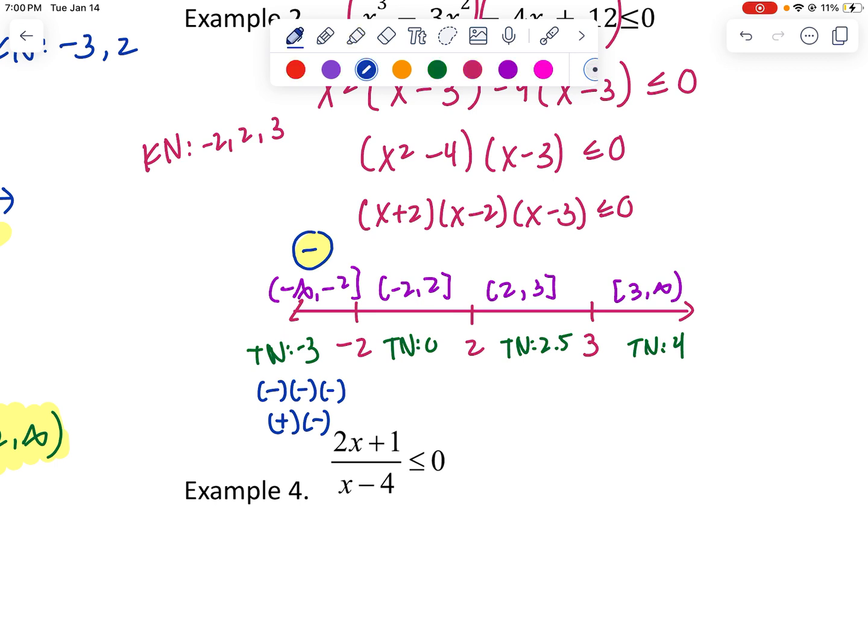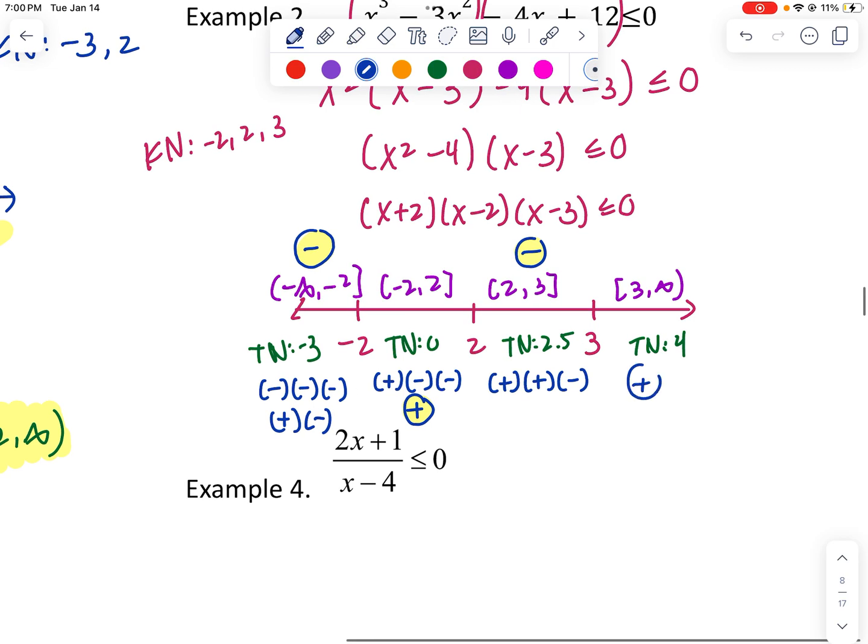Test number 0: 0 plus 2 is positive, 0 minus 2 is negative, negative overall is a positive. 2.5 is a positive, positive, negative, overall negative, and then test number 4 overall will give you a positive.